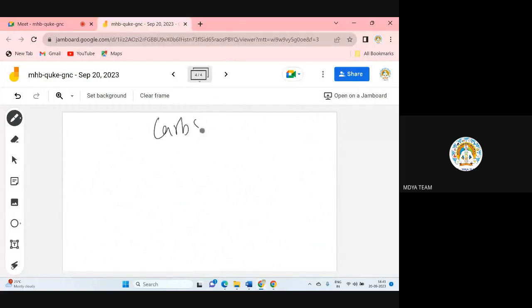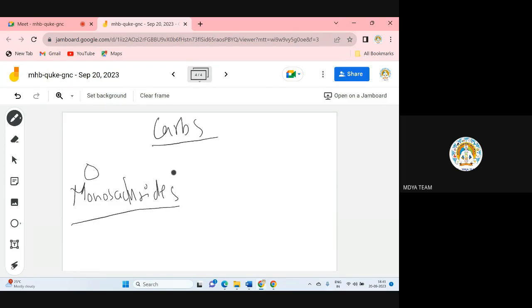All those carbohydrates in which only one unit of monosaccharide is present, like this is one monosaccharide, are known as monosaccharides. They have only one unit of themselves.